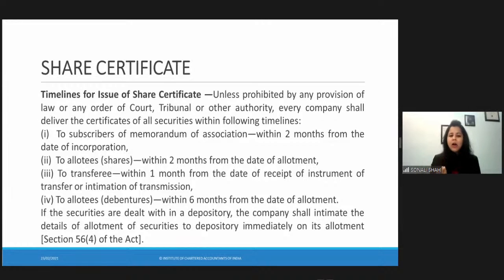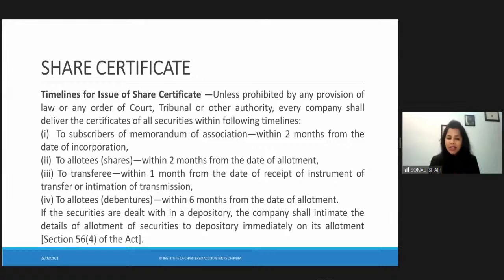So my name came out and I was allotted the DDA flat. Now, 10 years down the line, I transfer that DDA flat under a deed of transfer to Mr. X. So this is not an allotment, this is a transfer under a legal instrument. So where there is a transfer of shares, the transferee will be issued the share certificate within 1 month from the date of receipt of the instrument of transfer.